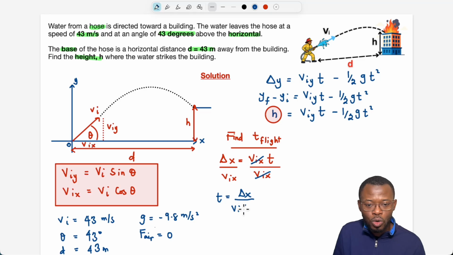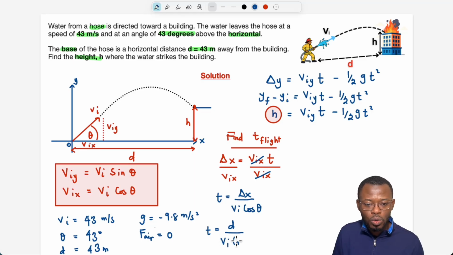So vi cosine of theta. You need to always check that you are not just using vi, because for the horizontal component, we need to use the horizontal component of the initial speed. So t would be equal to delta x, which is d, and that is given to us, divided by vi cosine theta.